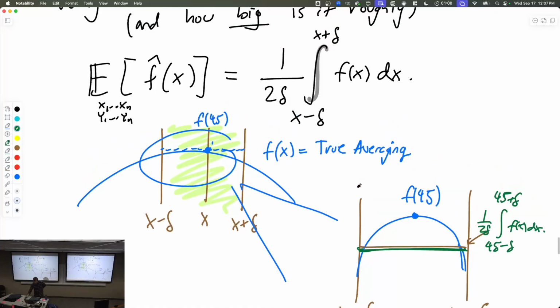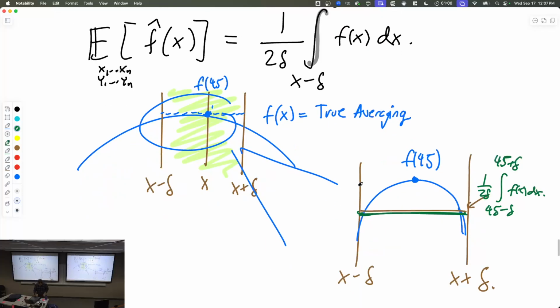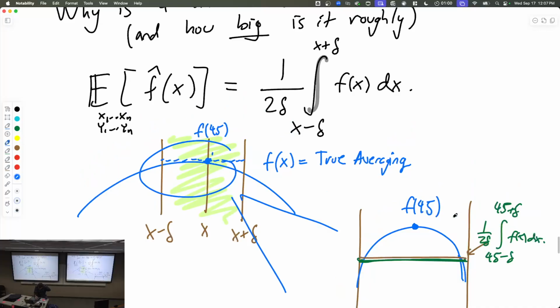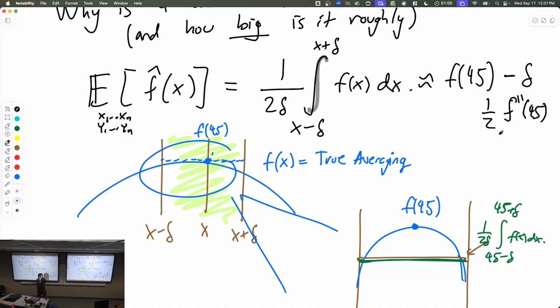If you wanted, you could estimate this by approximating the whole function as a quadratic equation, and you would get an estimate that looks something like this: approximately f of 45 minus delta, depending on the second derivative, f double prime of 45. If you took a good calculus class, you'll know how to do Taylor series expansions.